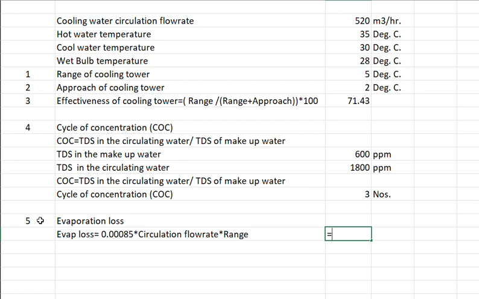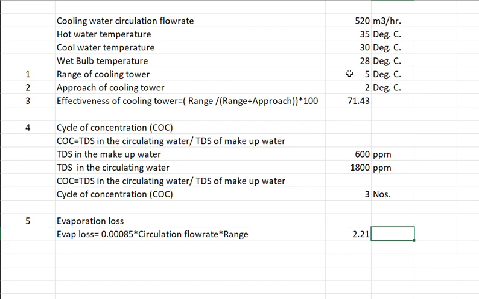Okay, so to calculate that we have to put in all the values which we have available. We have considered 520 meter cube per hour of flow rate of the cooling water circulation. Into that we put the range value, which we have already calculated.